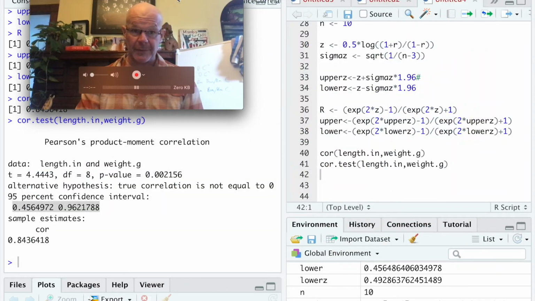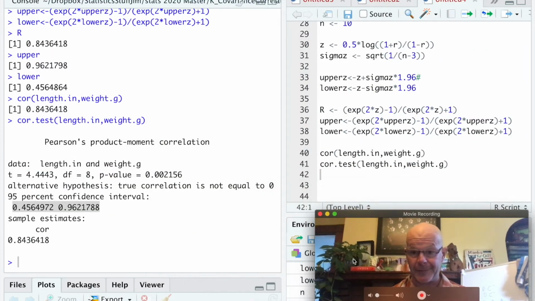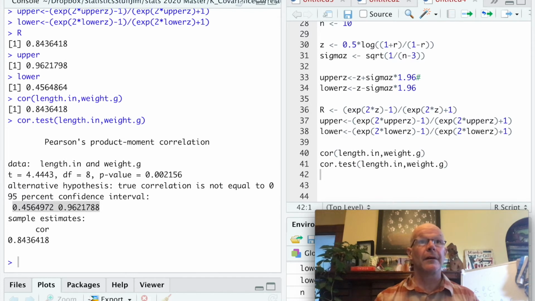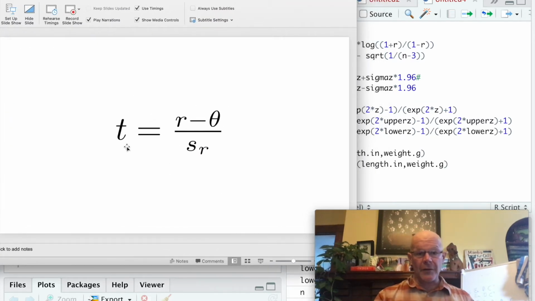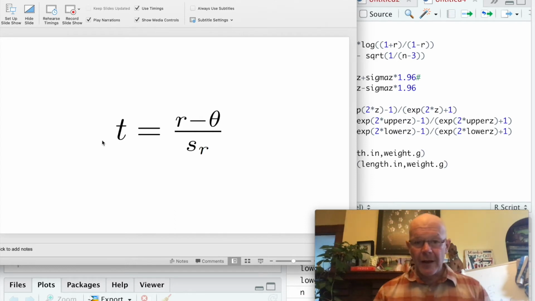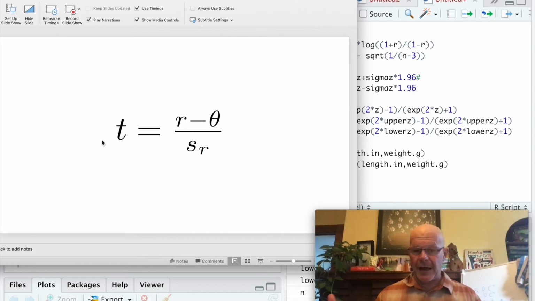We're going to calculate our t-statistic very similarly to how we have calculated t-statistics before. We have our observed value, so our observed estimate of the correlation coefficient, minus some hypothesized value.